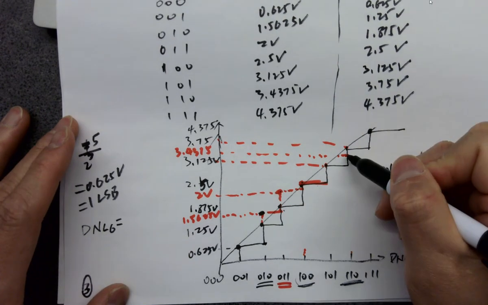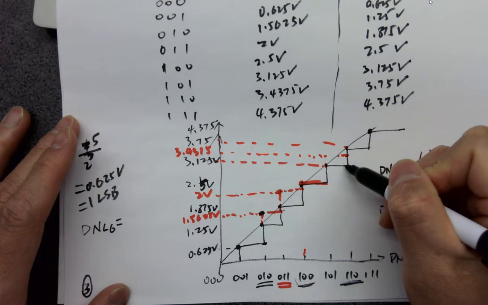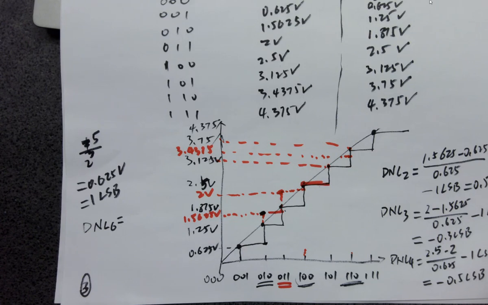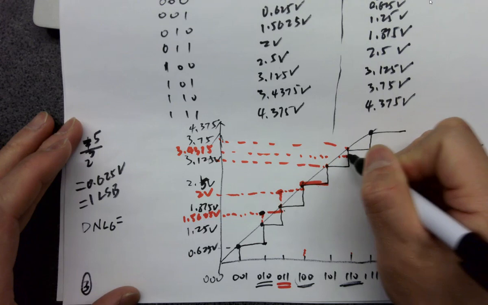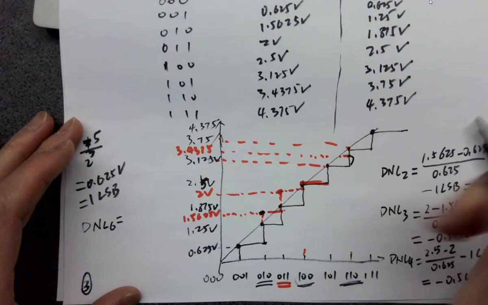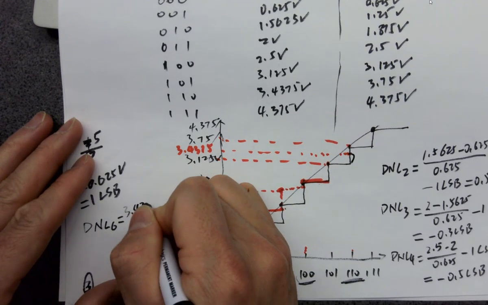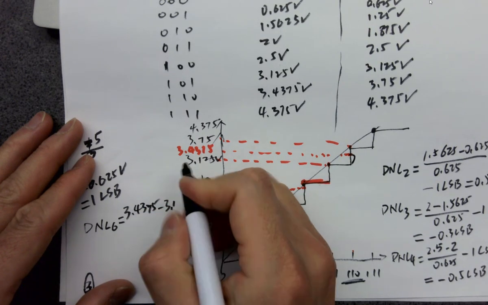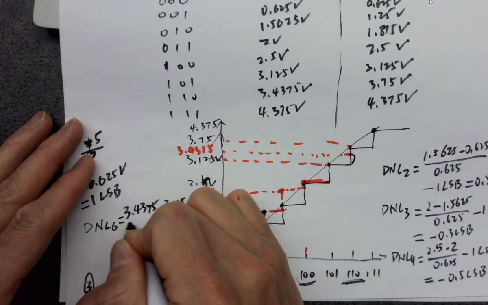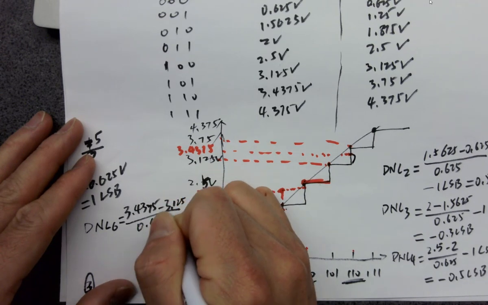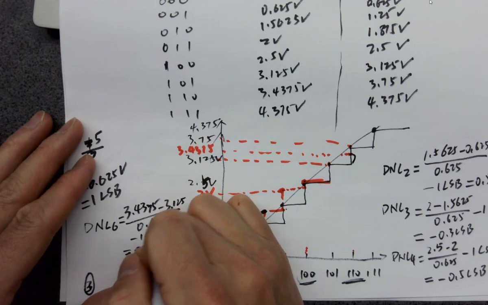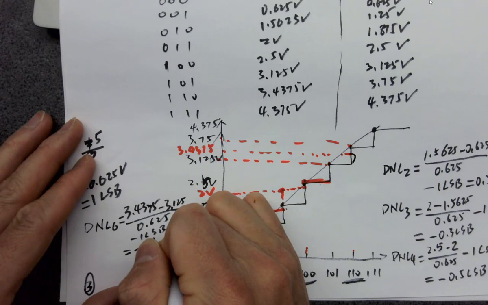What's the actual step size? 3.4375 minus what? 3.125, divided by 0.625 and minus 1 LSB. And you are getting negative 0.05 LSB.